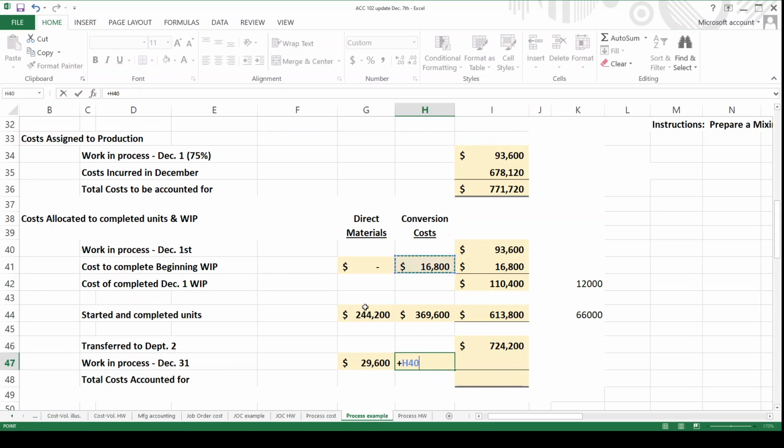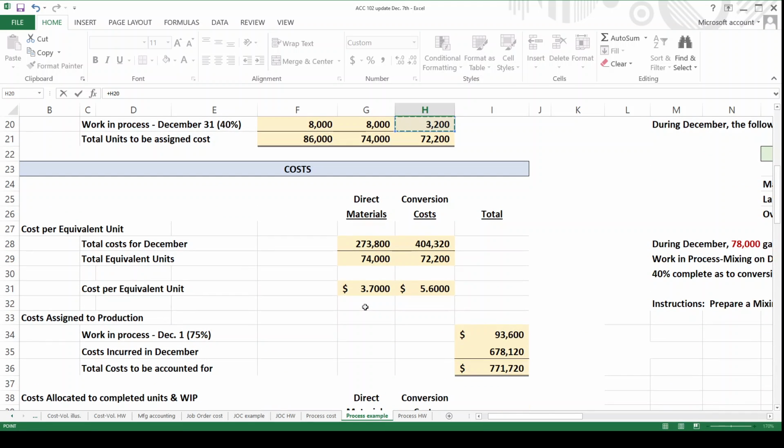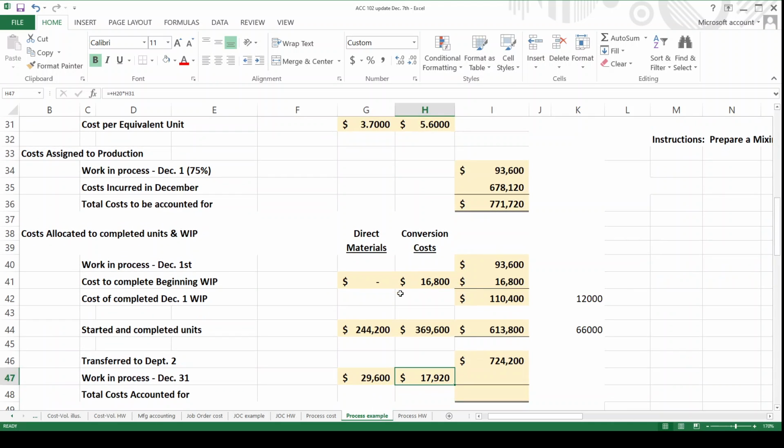Conversion cost-wise, we had, I think it was 3,200 times $5.60. That's 17,920. So that's the cost of the ending WIP, which is 40% complete as to conversion costs.